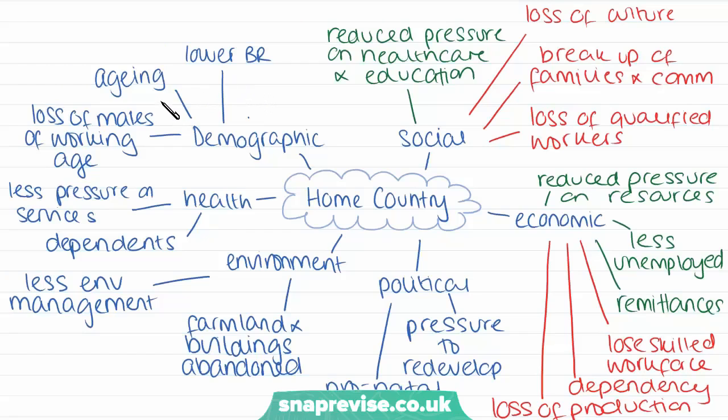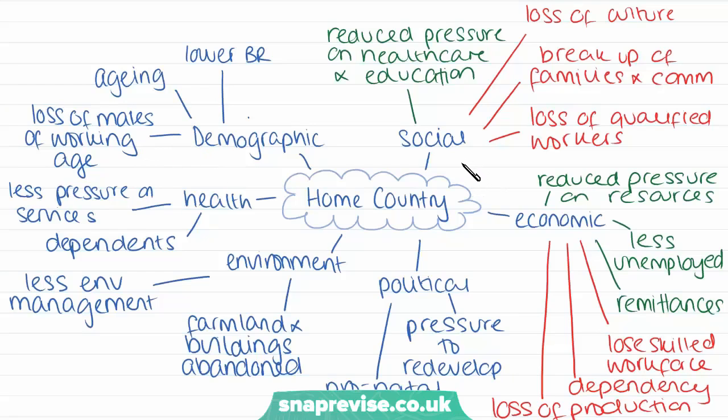So the population structure is going to either remain the same, or there's going to be an overall aging population. The population is not going to grow, especially because of the loss of males of working age moving abroad, because they're the people that have the best ability to do so.